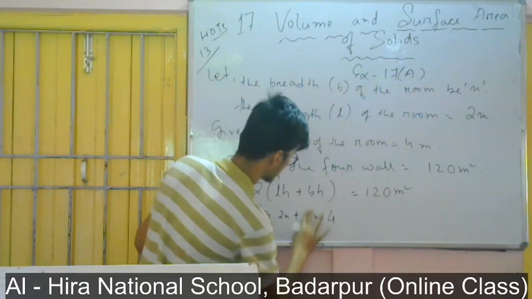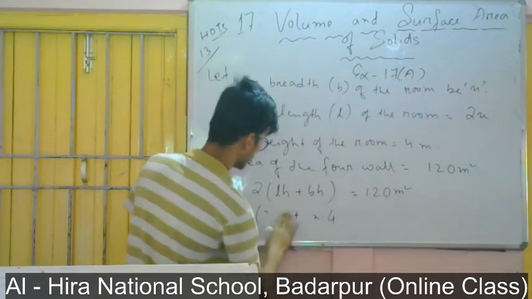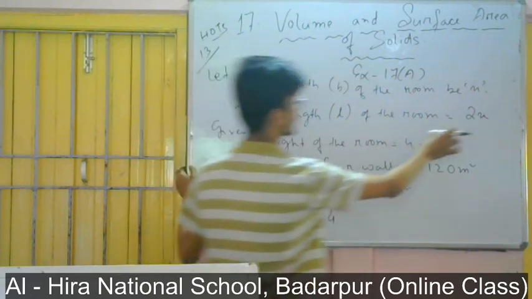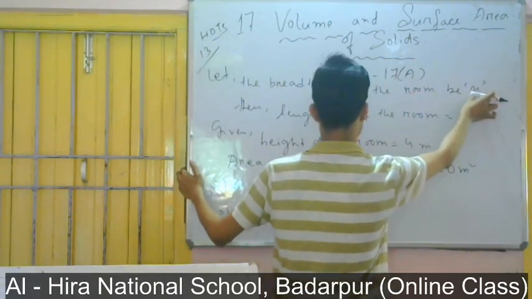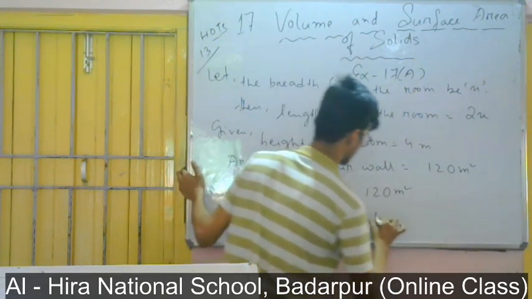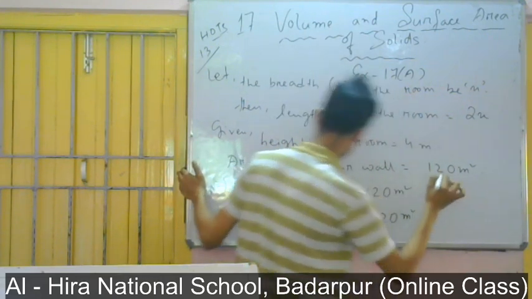Sorry, length is 2x, breadth is x. Length into breadth, that means twice x into x, plus breadth into height, x into 4, equals 120 meter square.